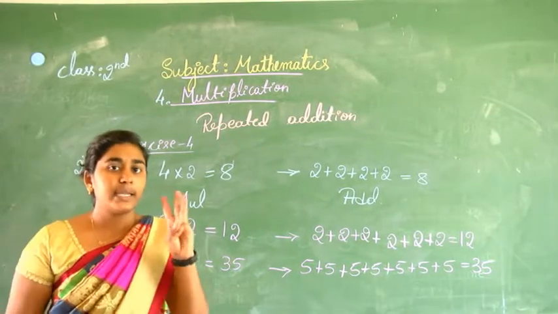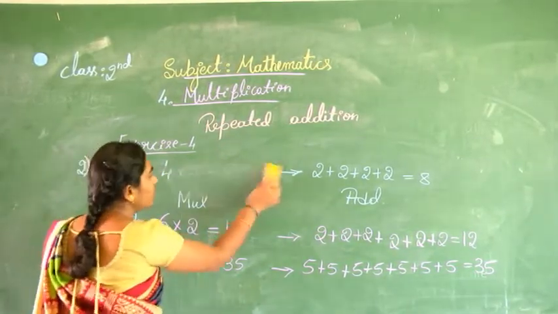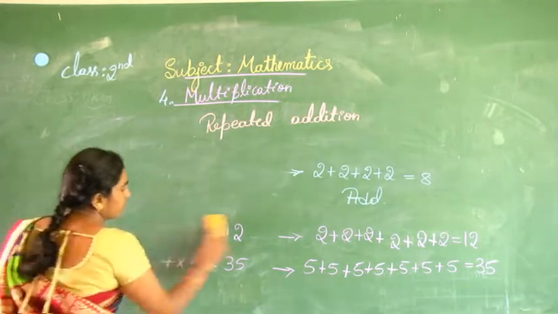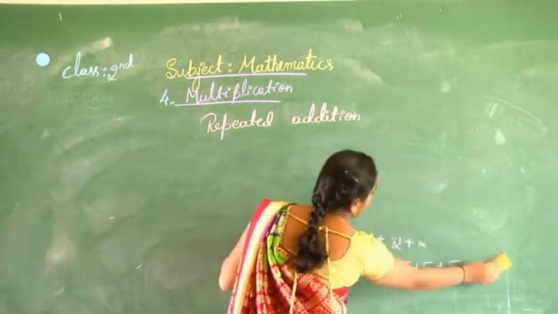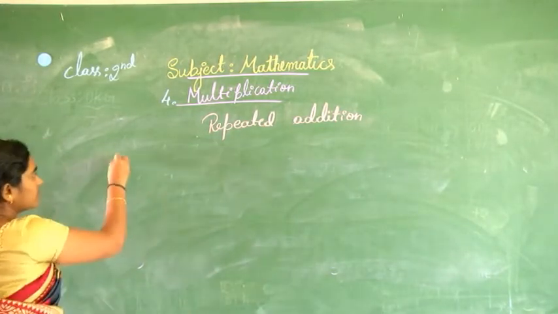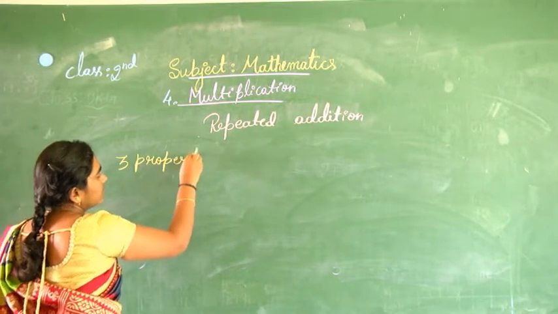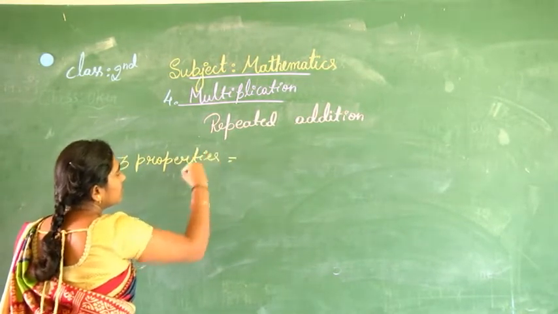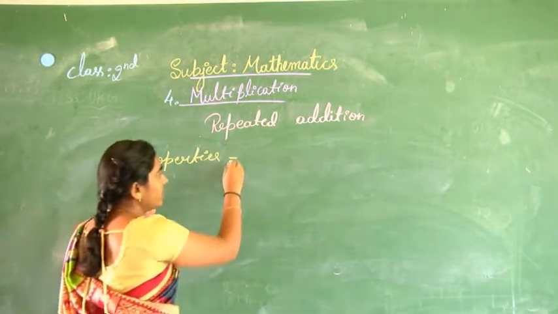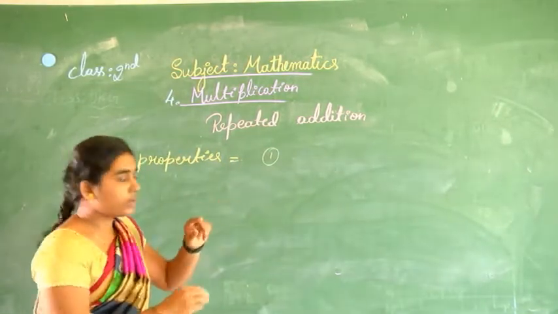There are 3 properties for multiplication. Okay, let me recall them once. First one is, if you interchange the numbers you get the same answer.